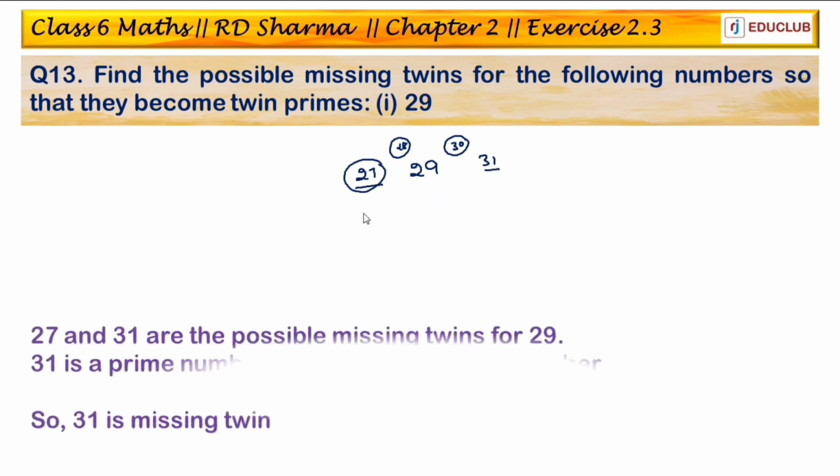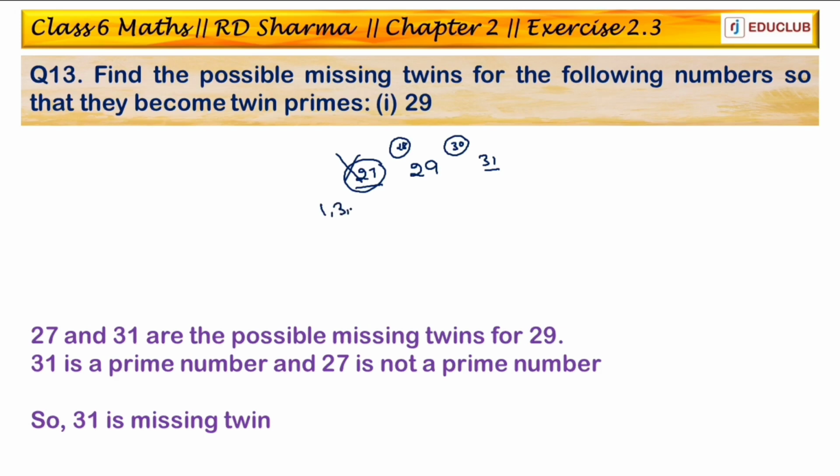Now 31 is a prime number and 27 is not a prime number, because it is having factors 1, 3, 9, 27, more than one and the number itself. So 31 is a prime number, so missing twin is 31. So the twins will be 29 and 31.